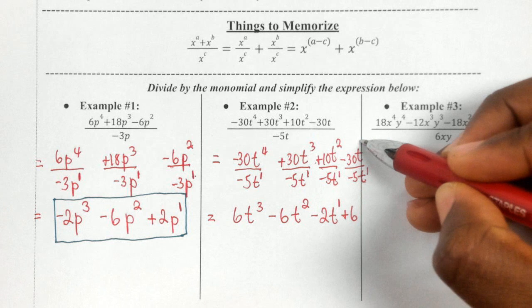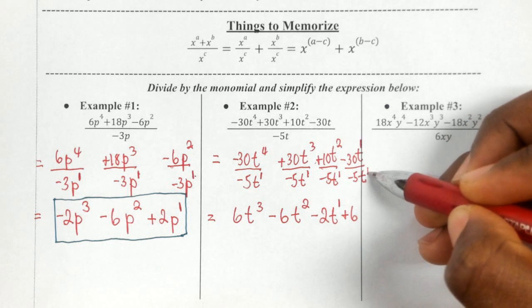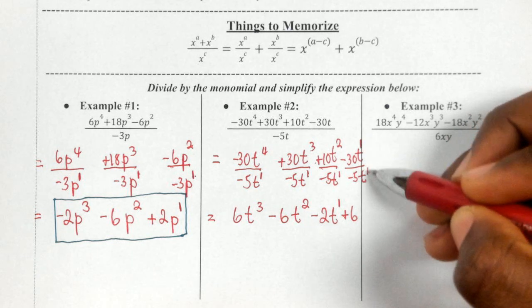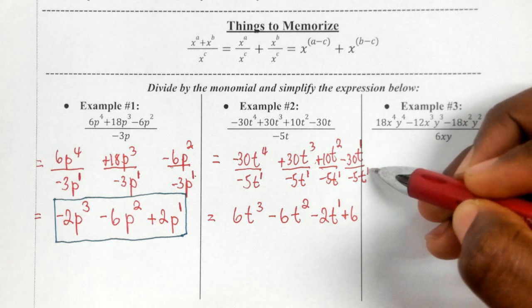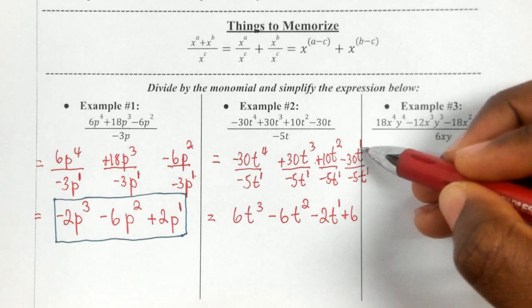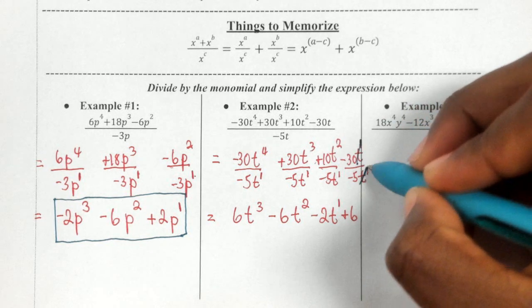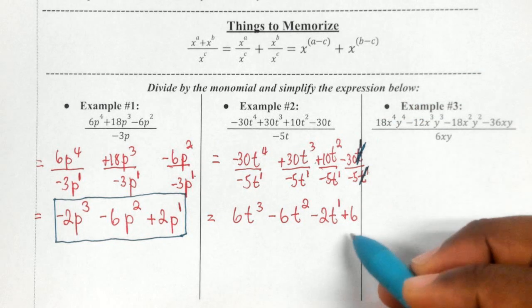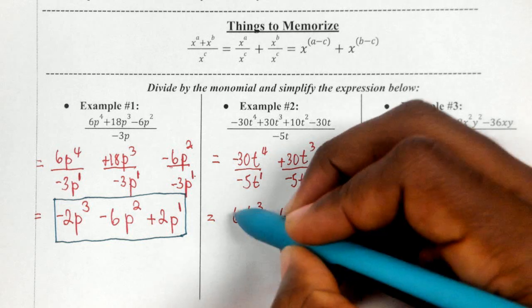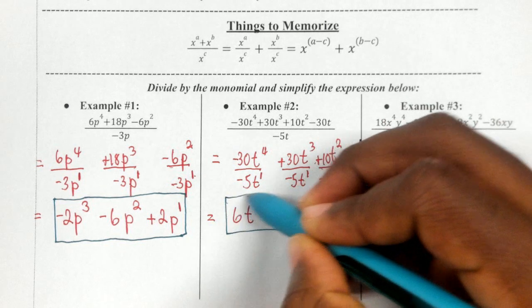I have 1 t at the top and 1 t at the bottom, but if I take them away, do I have any more t's remaining? No. So the t's canceled each other out, and I'm just left with the positive 6. And this is my answer.